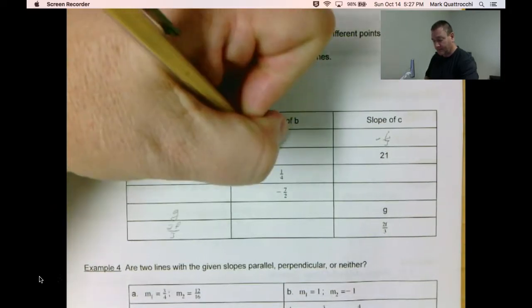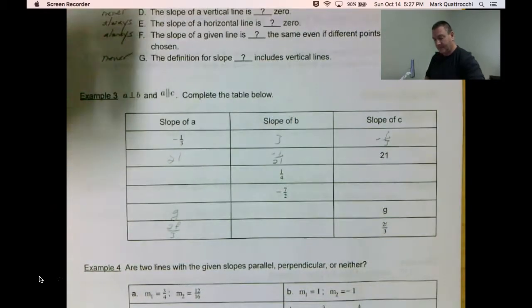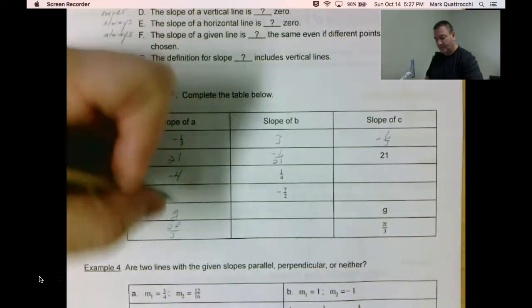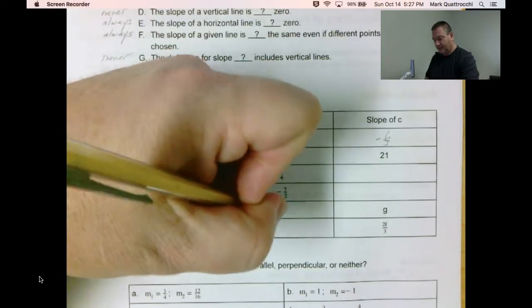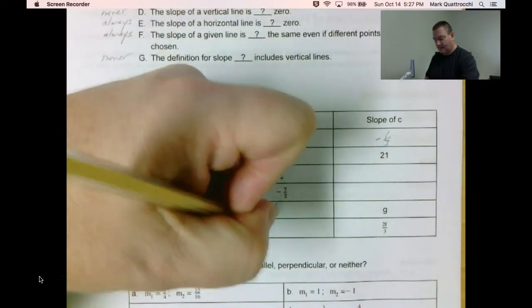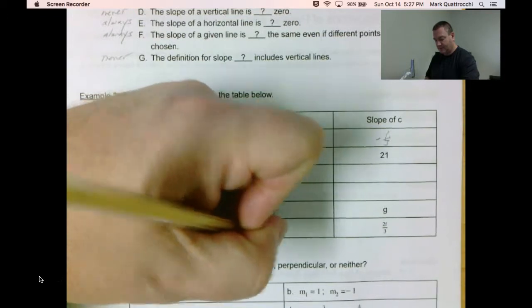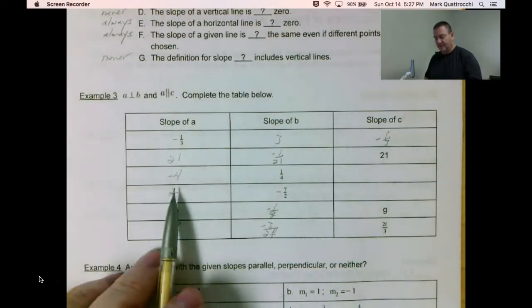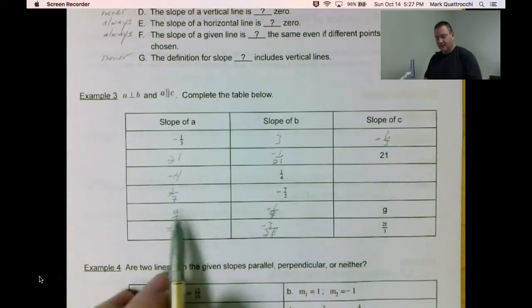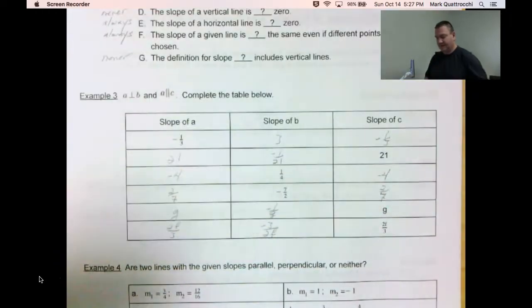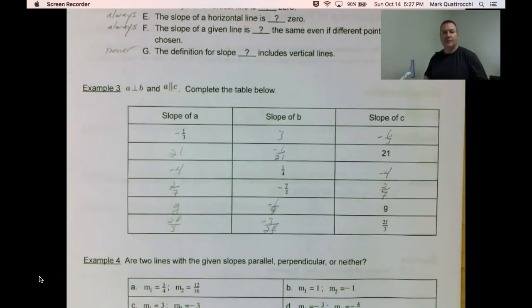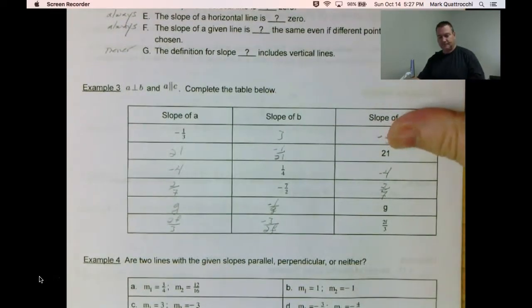So 3, negative 1, 21, negative 4, positive 2/7, negative 1 over G, and negative 3 over 2f. The only ones left are here and here, and these are going to be the same, so negative 4 and 2/7. Pretty easy and quick to fill those in. Example 4.